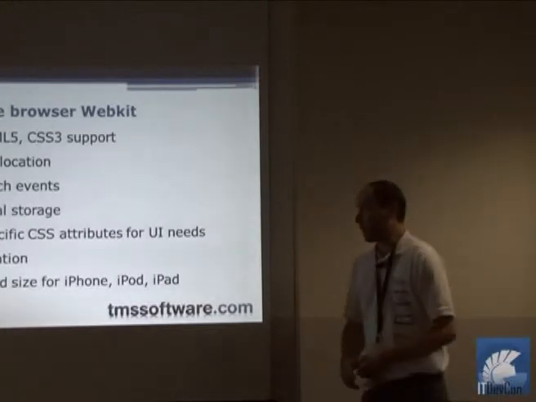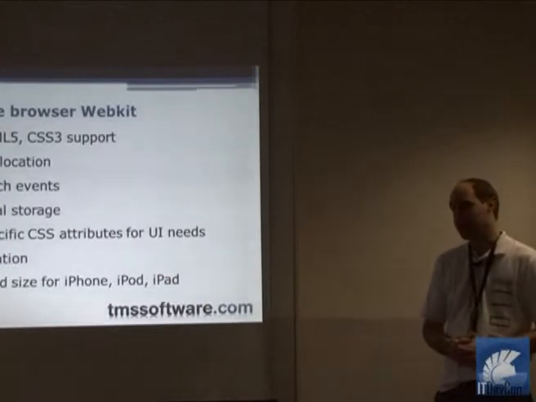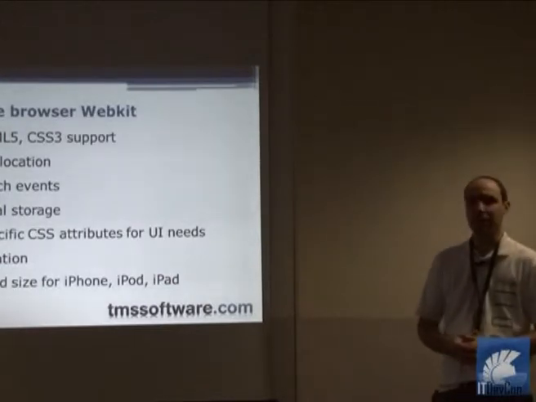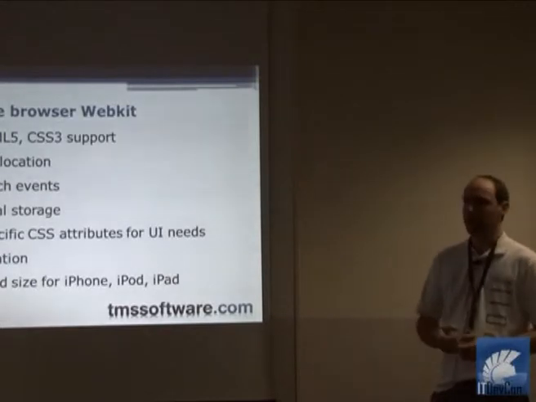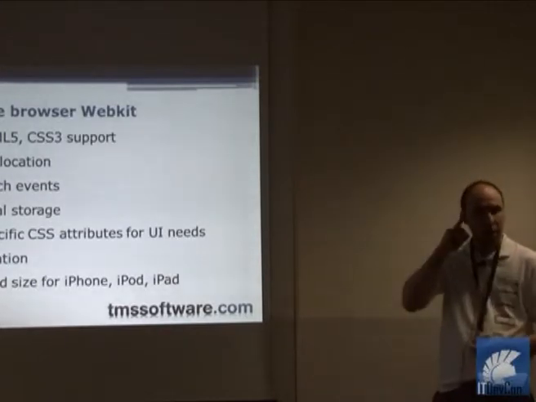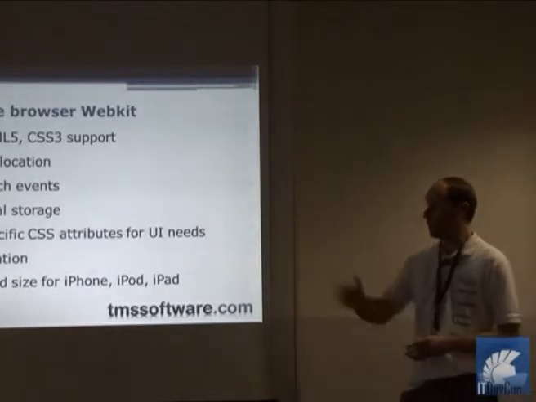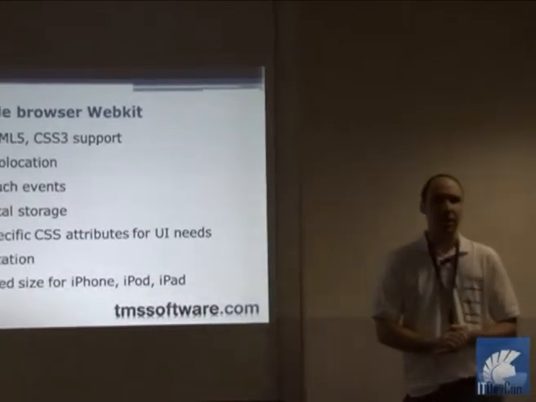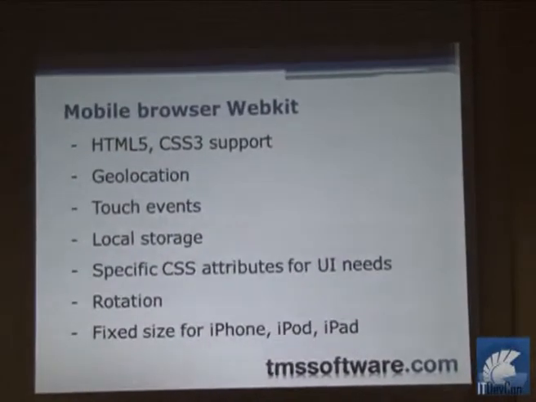So the big question is, what is this WebKit browser engine actually offering that is interesting, that we can take advantage of to optimize our web applications for mobile devices? As I mentioned, HTML5 support, very important.